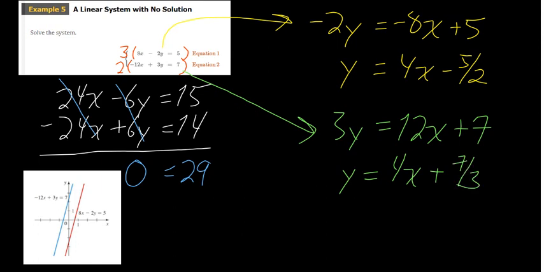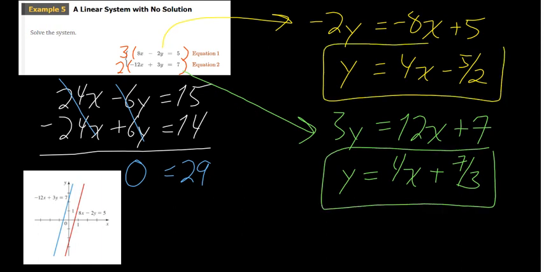Looking at this, and let's actually box these, we see that these two linear equations have the exact same slope of 4. Since they have the exact same slope, they're parallel, and therefore they never intersect with one another, and therefore there's no solution. That's why this false statement creates the no solution.